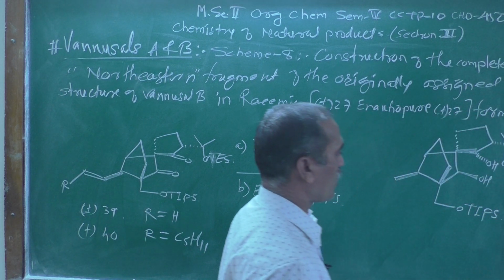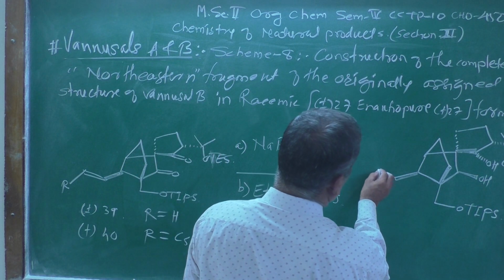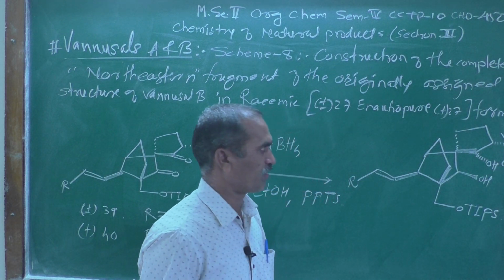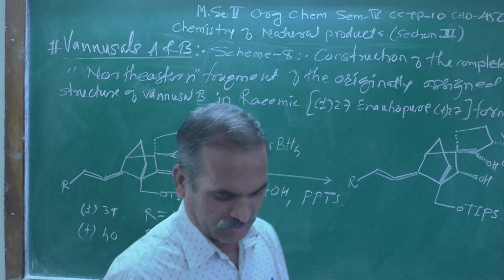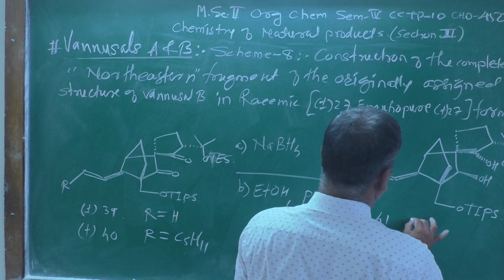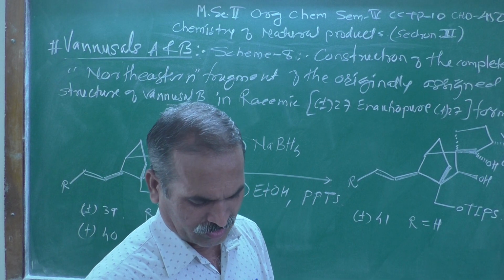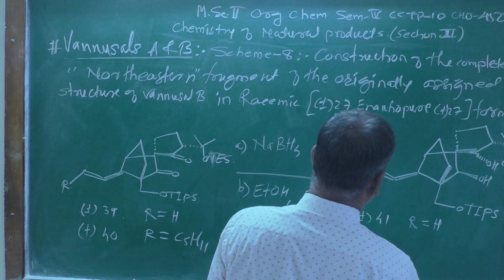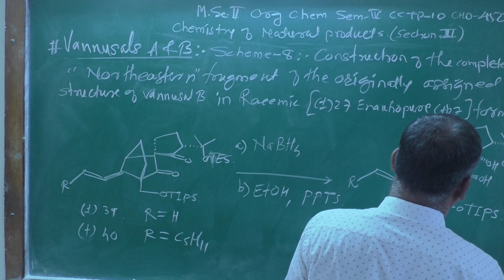This is the compound we got: racemic mixture plus-minus 41, where R is equal to H, and enantiomer compound 42 when R is equal to C5H11.